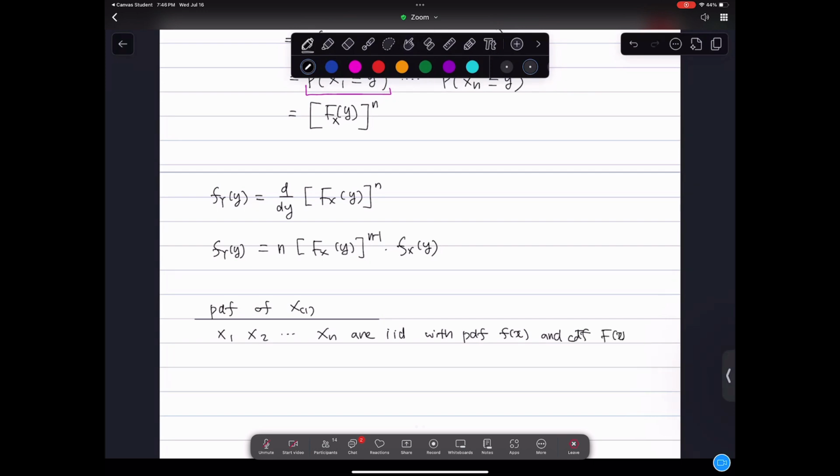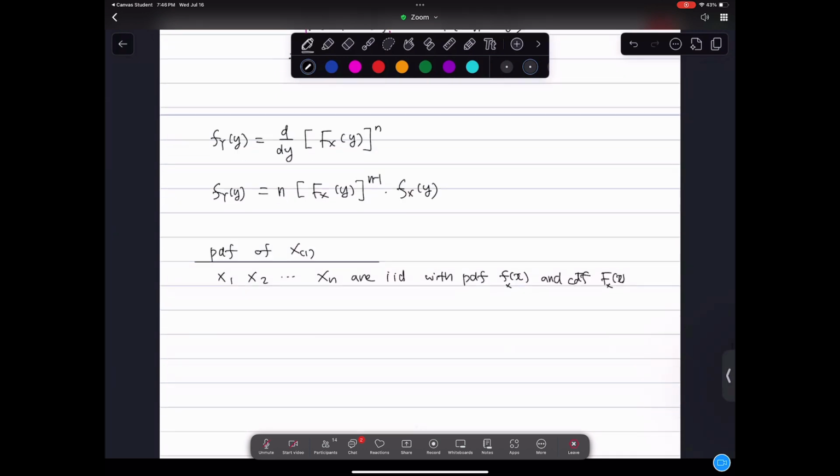I'm not using X there because it's kind of clear, but that's what it is. So now I'm going to let Y be the smallest order statistic, which is the minimum of all these random variables.